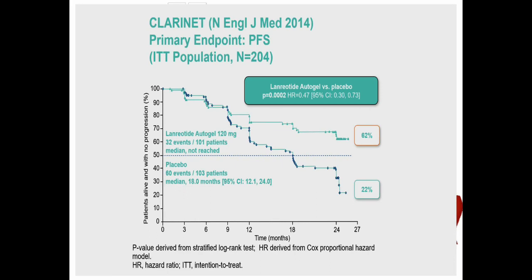This resulted in a triple progression-free survival as compared to the placebo arm. After 2 years, 62% of the patients had still stable disease, while this was the case in only 22% of the patients in the placebo arm. So clearly, somatostatin analogs are the first-line treatment in patients in whom the disease is not that aggressive.